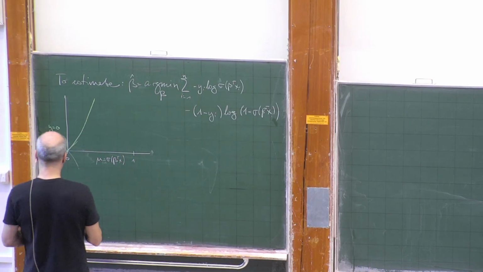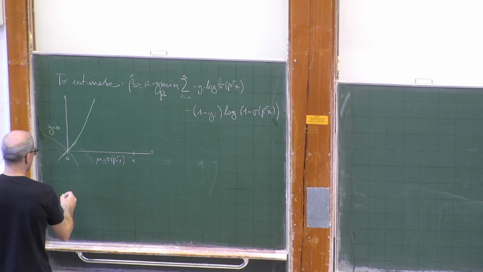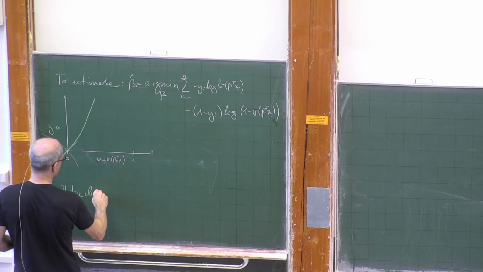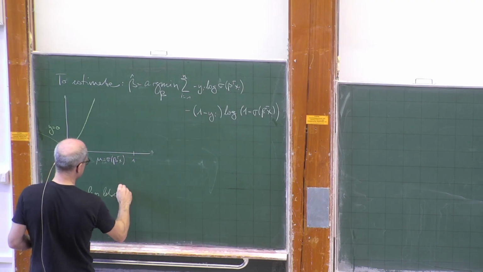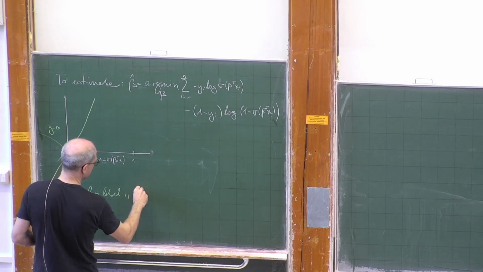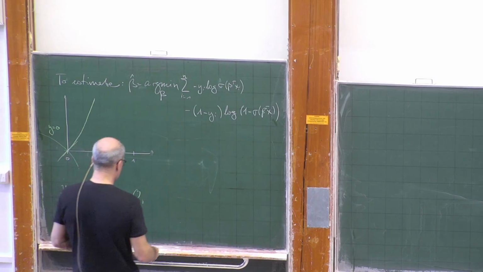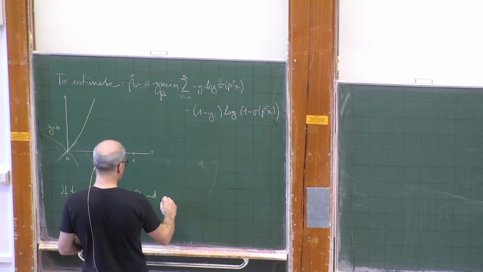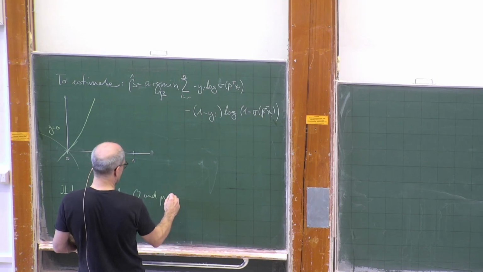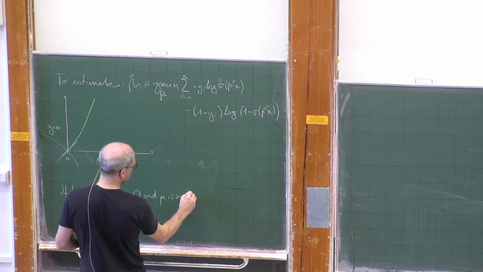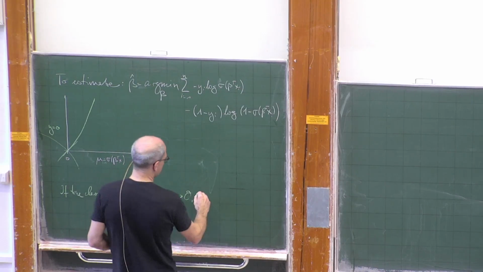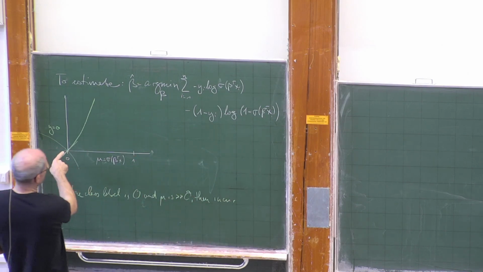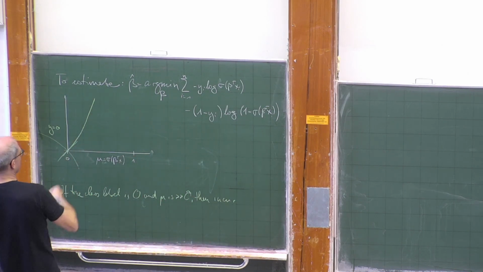So what that is in words: if the true class label is 0, and if our estimate mu is significantly larger than 0, then we incur a big loss, or a huge loss.